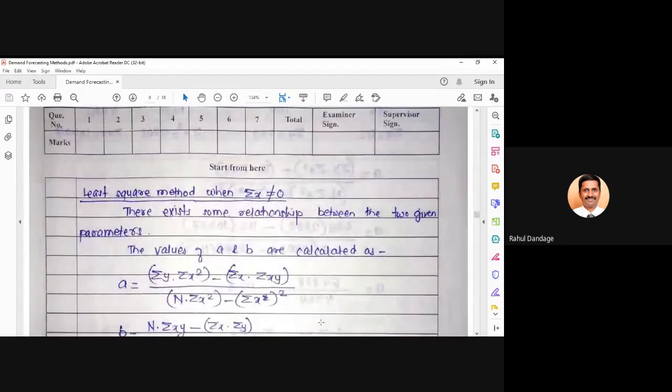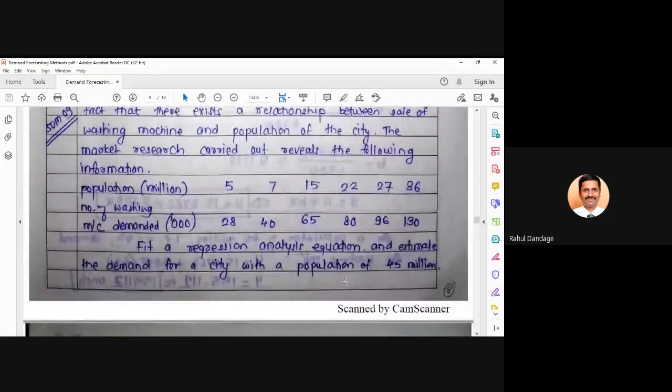So there is no relationship as such between the two parameters which are given. But there can be a certain relationship between the two parameters, like in this particular problem, a market research carried out for washing machine demand with respect to the population. If we take a survey and find out data for the past few years and the washing machine demand, then we say there is no relationship.